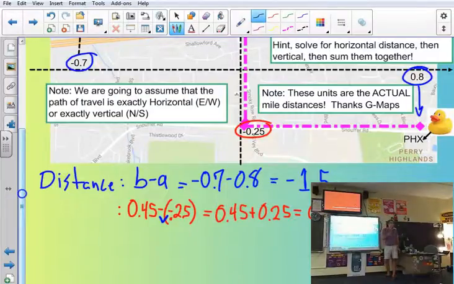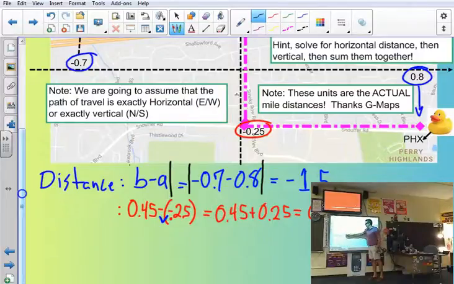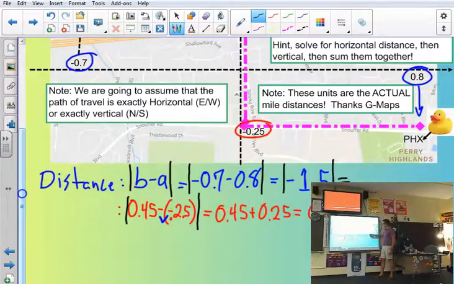The rule I'm trying to get you to see here is on your notes. Distance, we really set up as the absolute value of that subtraction problem. So when we put it in absolute value, what does absolute value do? Anybody? Makes everything positive.